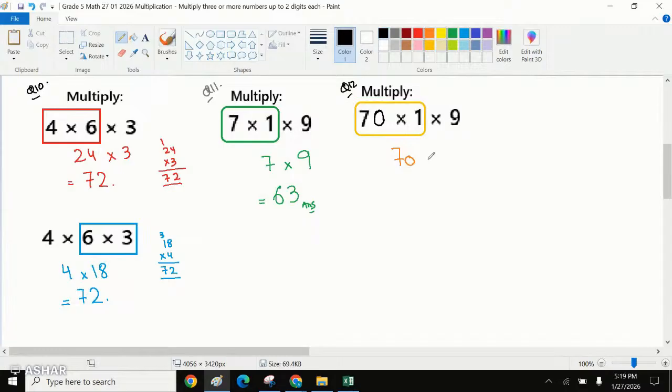Once we multiply it by 9, since in 70 we can see 1 0, 7 multiplied by 9 is 63, and we simply bring down this 0. This becomes 630. Okay?